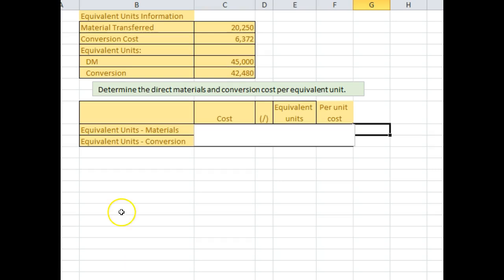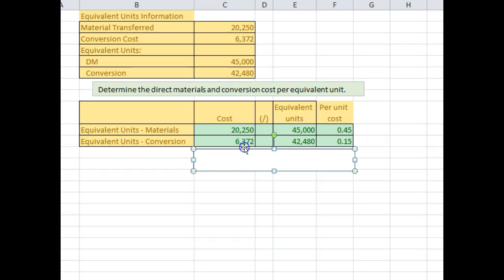So let's look at this. Equivalent units for materials was what? Let's just pull this down so you can see what we've done. We're saying that our materials cost us $20,250, and our equivalent units for those materials was 45,000. So each part cost us 45 cents in materials.